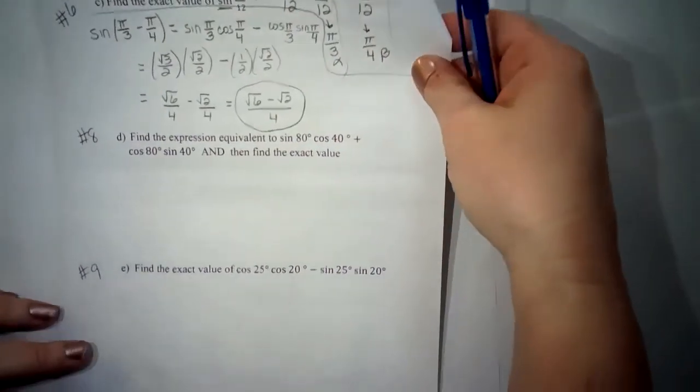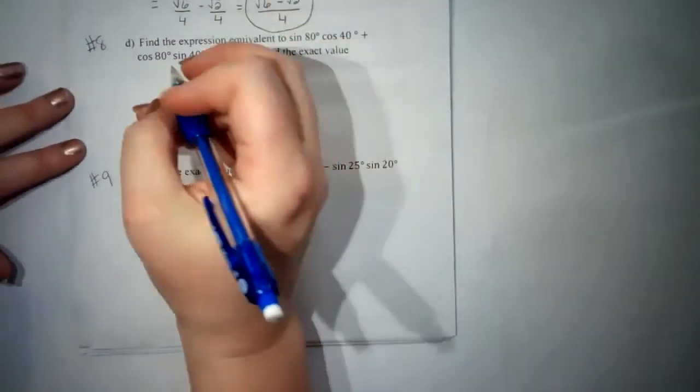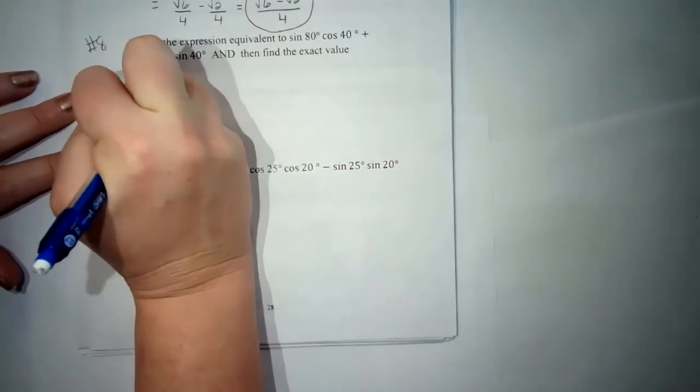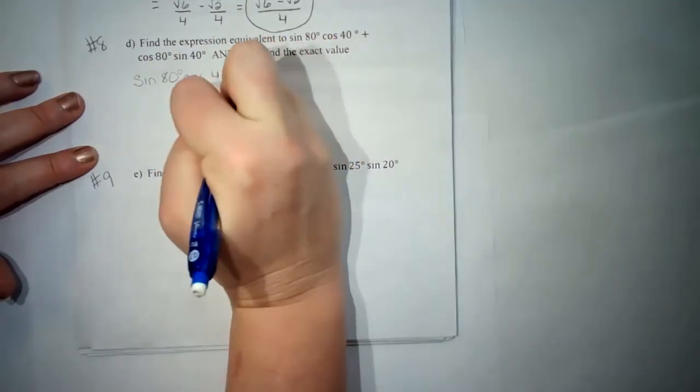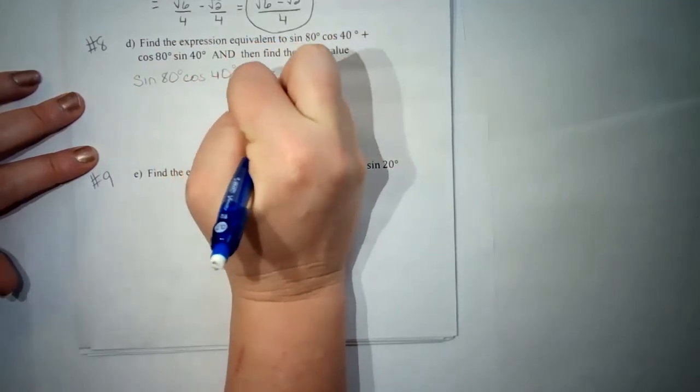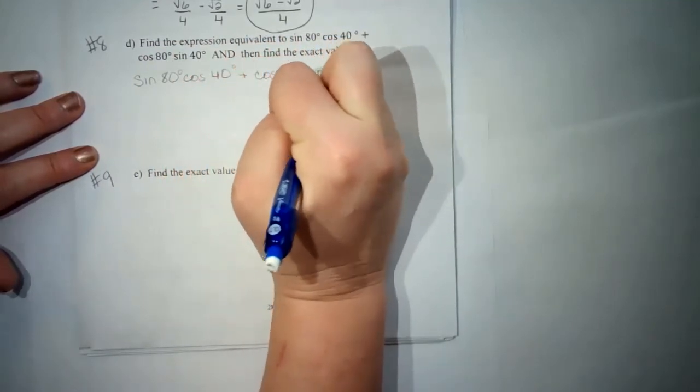All right. So one thing we could do, just because we're starting out, let's write this, just so that we can see what they're giving us. That's what they gave us. That's what they want us to find.